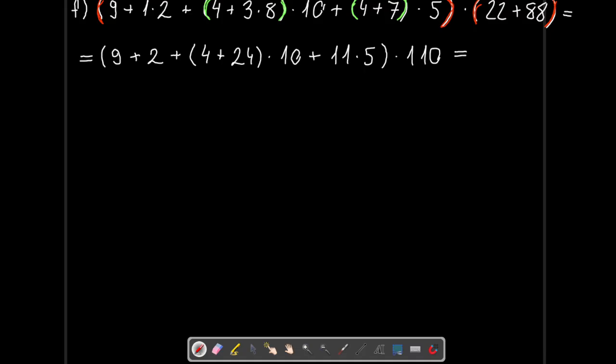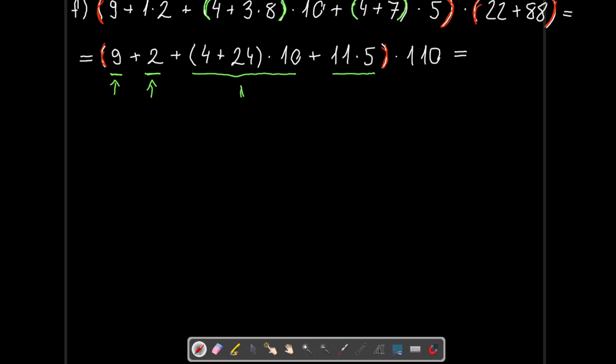Okay. So let's see, we need to solve this bracket now first. So again, this bracket is made out of 1, 2, 3, 4 parts. We cannot simplify the first two parts any further.